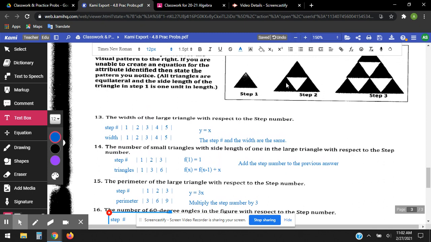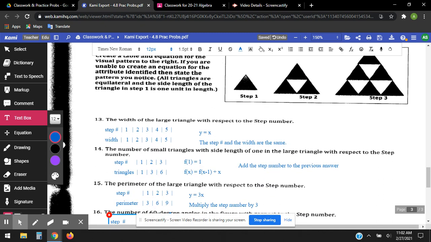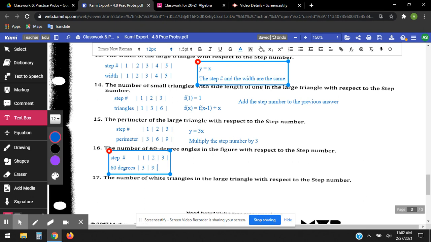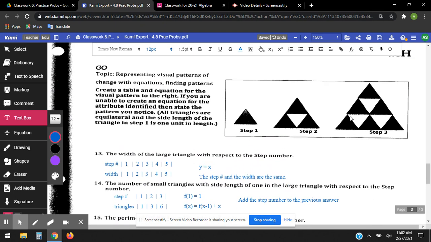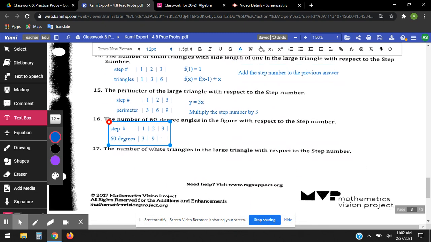Number 2 has 1, 2, 3, 4, 5, 6, 7, 8, 9. So we're just focusing on the black triangles. 9. And this one has 1, 2, 3, 4, 5, 6, 7, 8, 9, 10, 11, 12, 13, 14, 15, 16, 17, 18. So this one has 18.